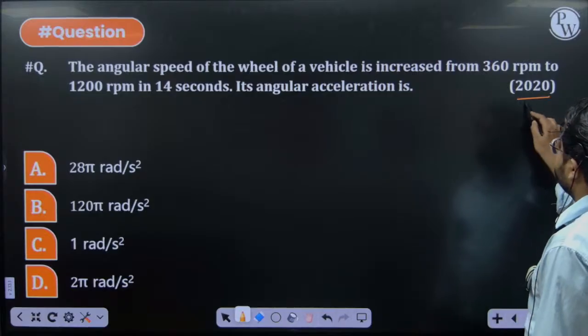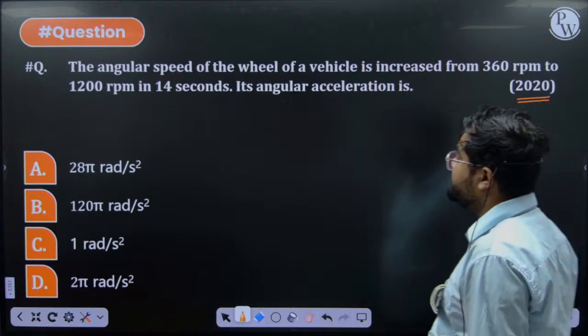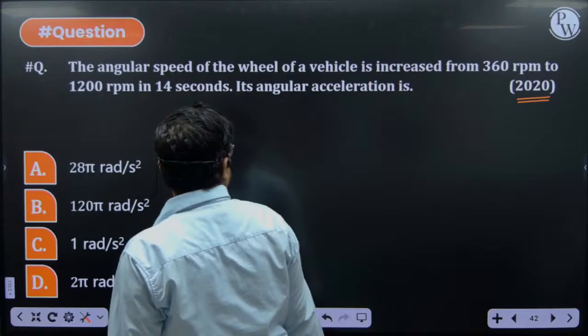Again 2020. Angular speed of the wheel has been increased from 360 to 1200 rpm in 14 seconds.